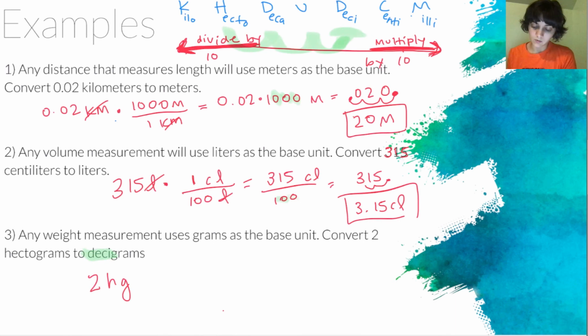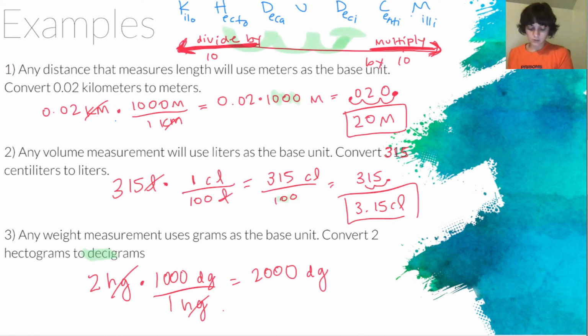So I have to go over 3 spaces. Okay? As I go to the right, I multiply by 10. So I can say there are 1,000 decigrams for 1 hectogram. My hectograms cancel out. I'm left with 2,000 decigrams.